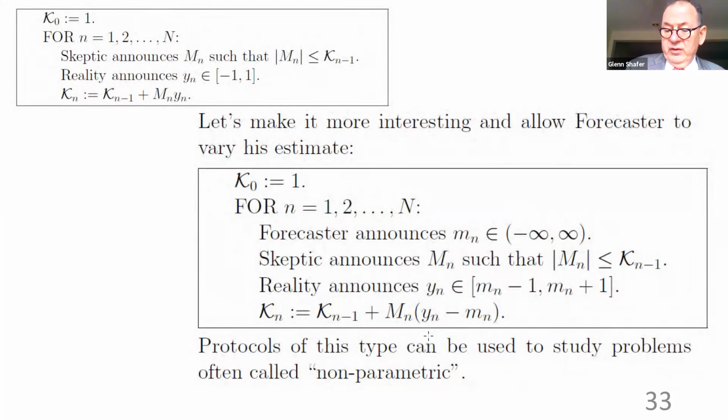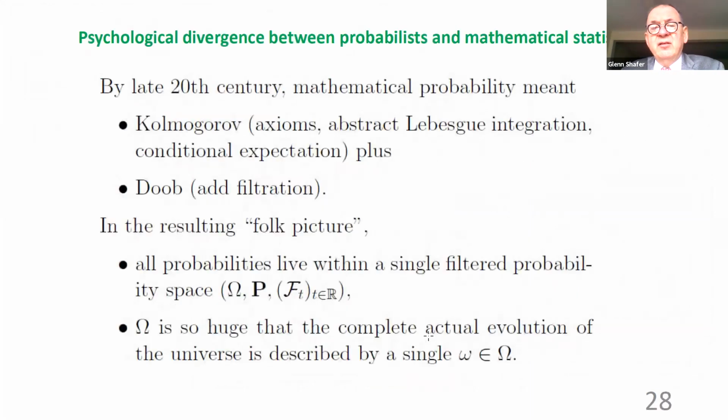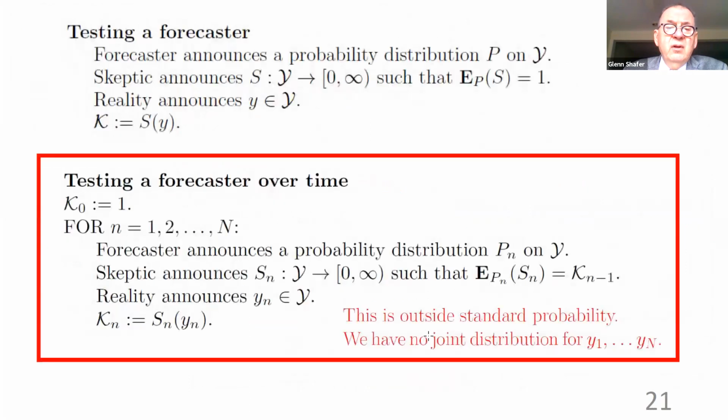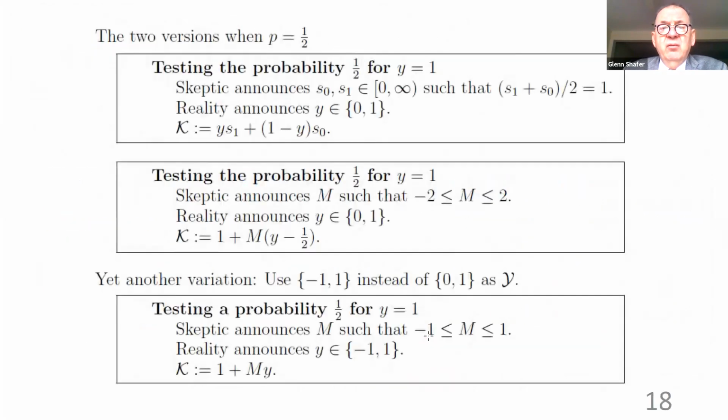payoff. So this looks just like something we saw before when we were doing probability. When we were testing a probability, the payoff was the current capital plus the outcome, 1 or 0, minus a half.